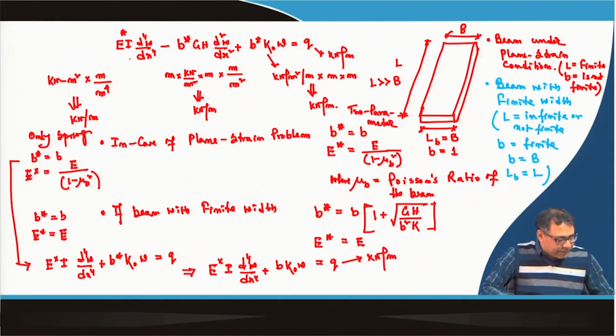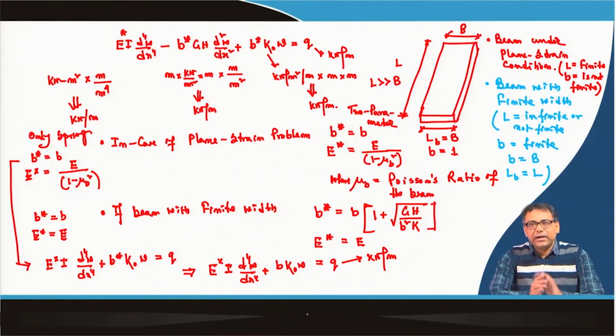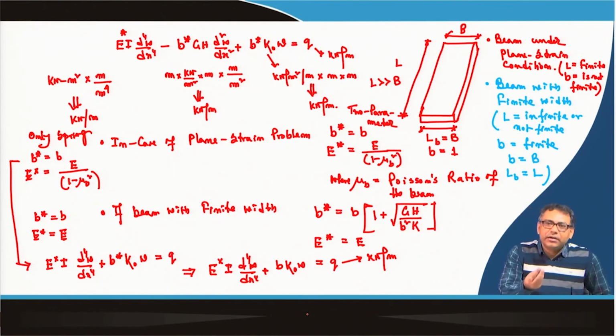In a similar way, the equations of this spring case are also general equations; you can use them for a finite beam, you can use them for an infinite beam also. But I have discussed how you can solve when the beam is resting on spring for the infinite case as well as the semi infinite case, and in a similar way you can do it for the beam with finite length case also.